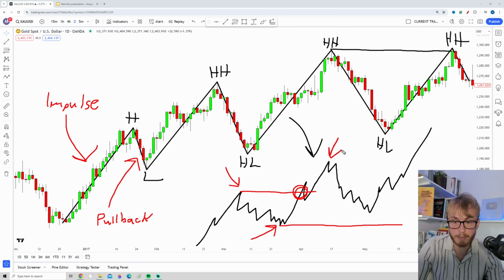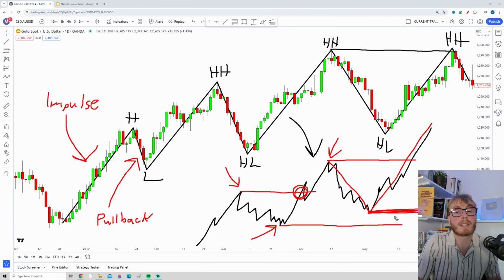So as you can see from this high, the price pulled back, but we did not fall below the recent low of the uptrend. So we are still in an uptrend here. And when the price eventually broke this high, we will still be in an uptrend as long as we maintain this low. So we are basically still in an uptrend as long as we can maintain the lows.